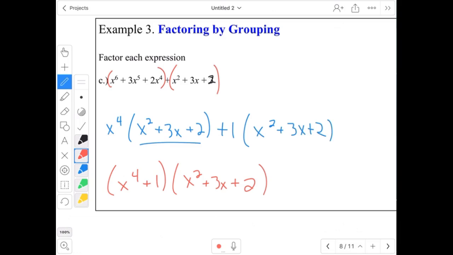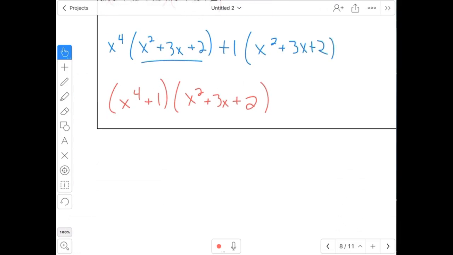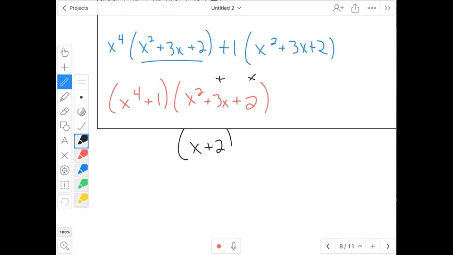Then also this x squared plus 3x plus 2 can be factored down even further, because we can ask what is going to multiply to get 2 but add up to get 3. That would be an x plus 2 and an x plus 1.